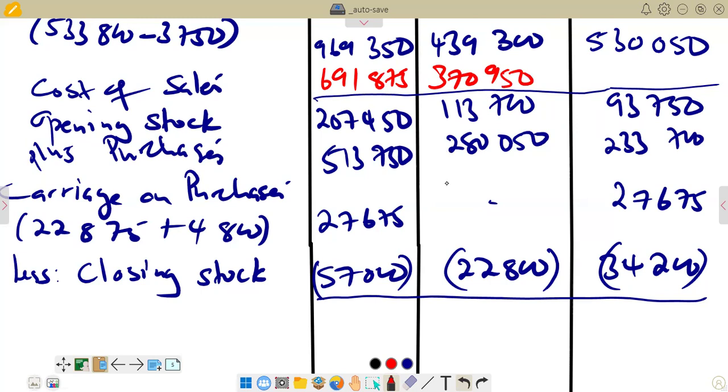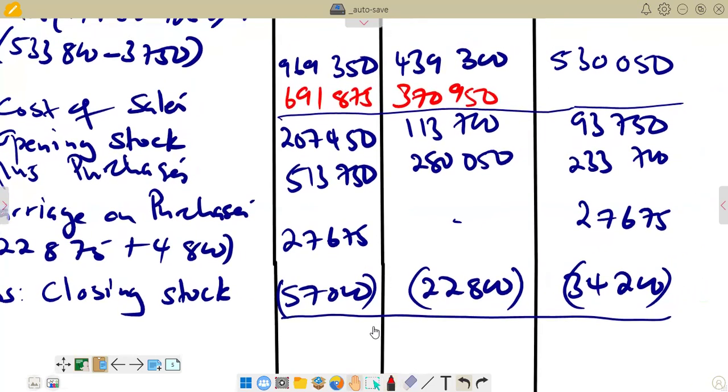And then we do the same for our stoves. So for our stoves, again, we are saying 93,750. We add 233,700. We add again 27,675.